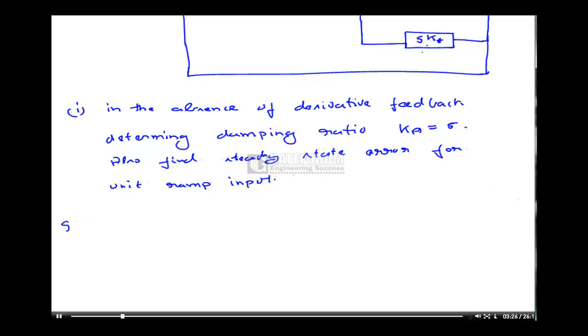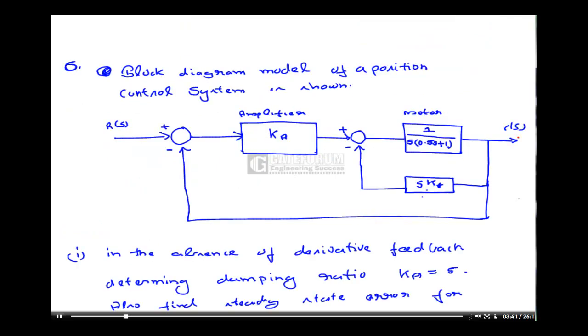We will solve this question first. It has got another part also. We will solve that later. So when S Kt is 0, that means this particular derivative path will not be there. So in that case, let this be my C(s).